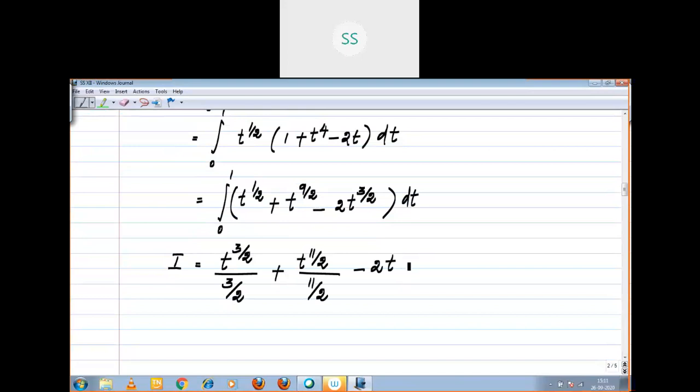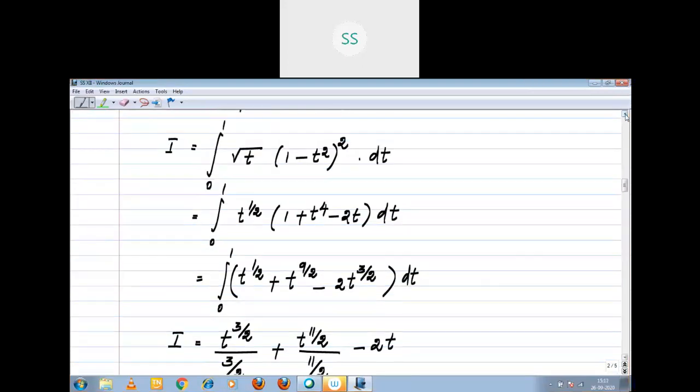Here it becomes t power 5 by 2 because 1 minus t square is there.